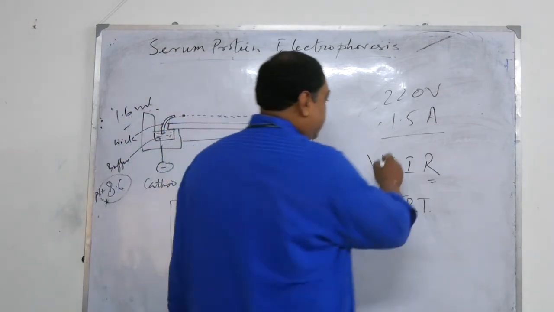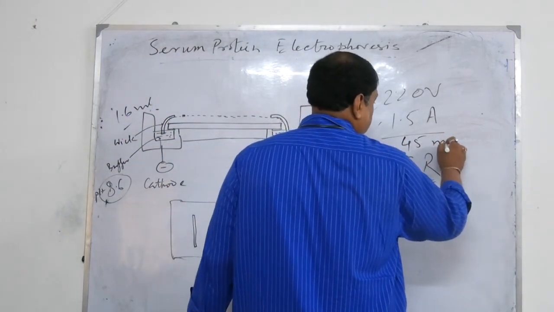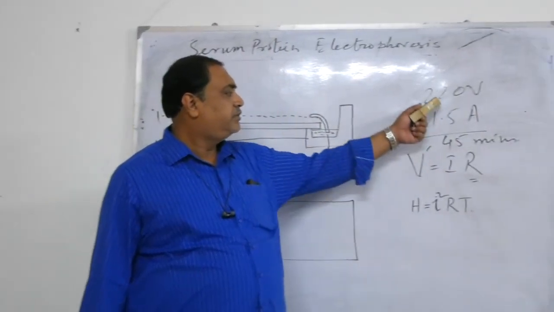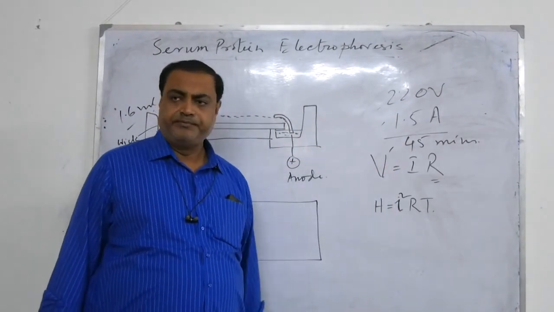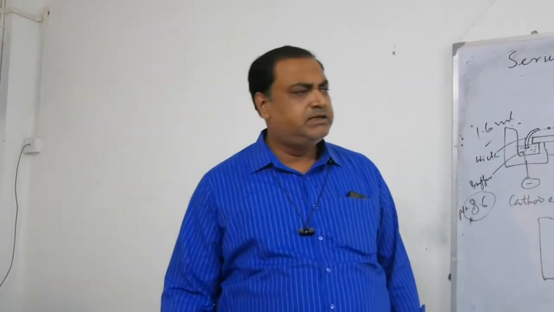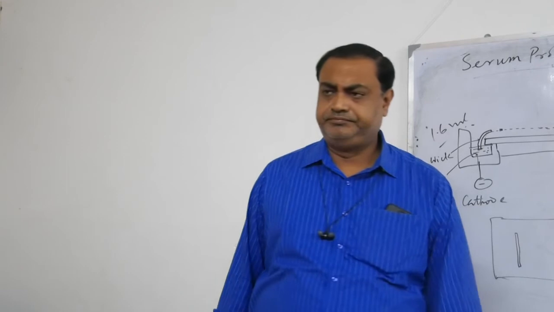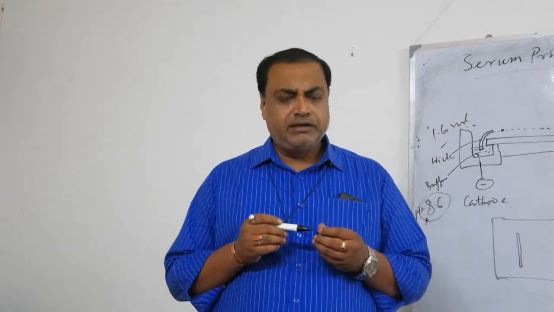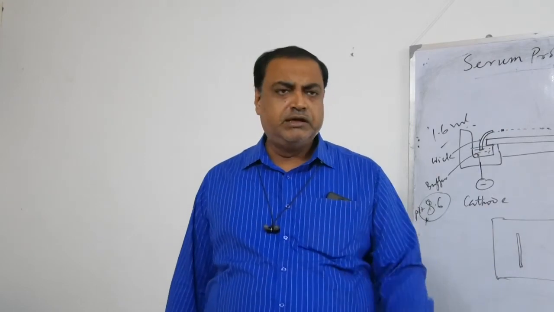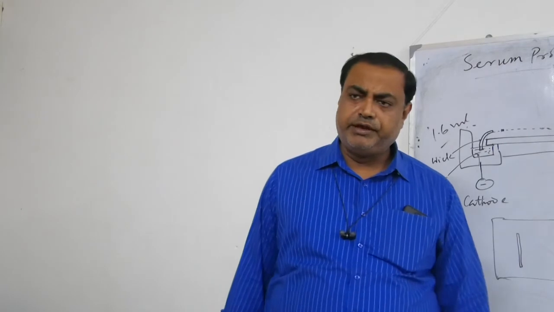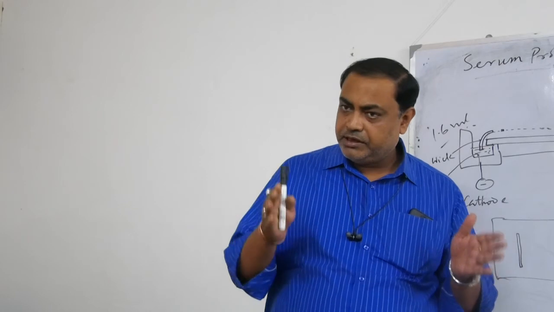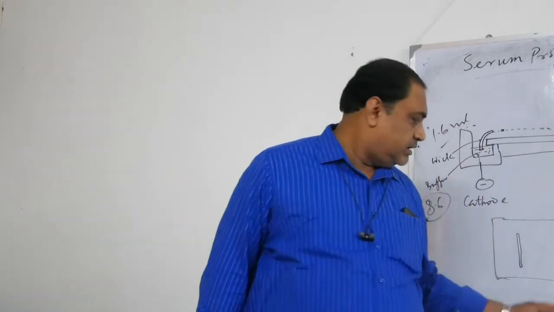Now here, in that case, we have to run it for 45 minutes at 220 volts and 1.5 amperes per slide current. When we run it like that, we see that by almost 45 minutes the migration is over. How do we determine that? Previously, we can run a dye of lower molecular weight and measure the time required for the dye to migrate from anode to cathode.